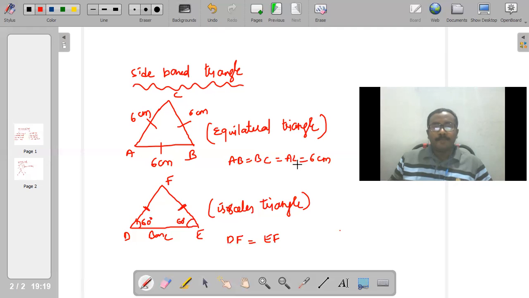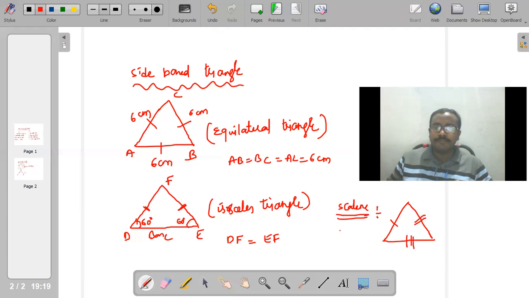Now I'm going to explain the third one, called scalene triangle. Scalene triangle means all sides are unequal. I am going to write scalene triangle here: all sides are unequal, so this side and this side are not equal, and neither is this side.